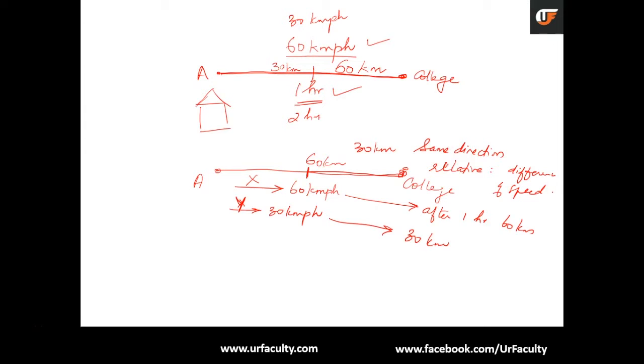Now if you had both traveled, okay, we'll take it in a simpler way. You both start from point A, and your friend starts going towards C1 and you start going towards C2, X and Y. Same speeds, 60 km per hour and 30 km per hour.